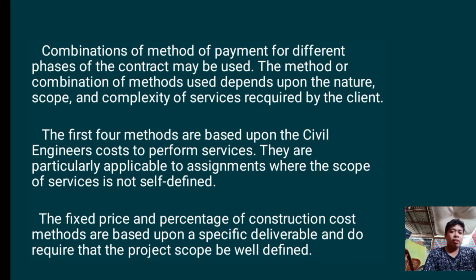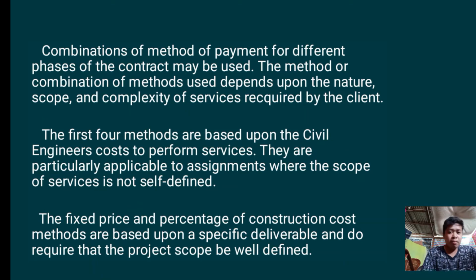They are particularly applicable to assignments where the scope of service is not self-defined. So it means that the scope of a certain construction project changes, and the professional fees, particularly civil engineering services fees, varies to these changes.